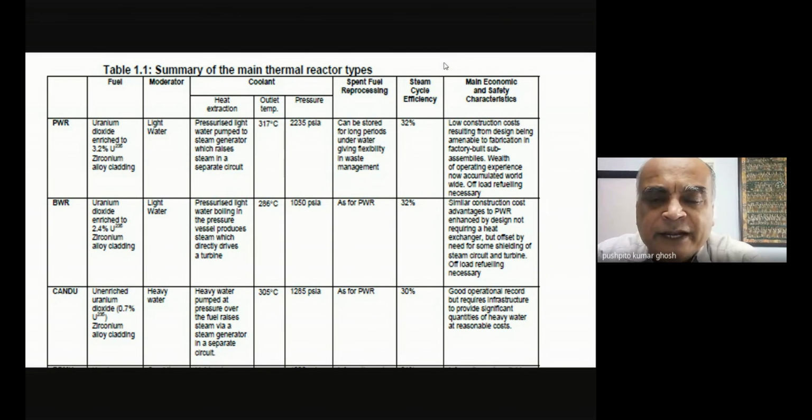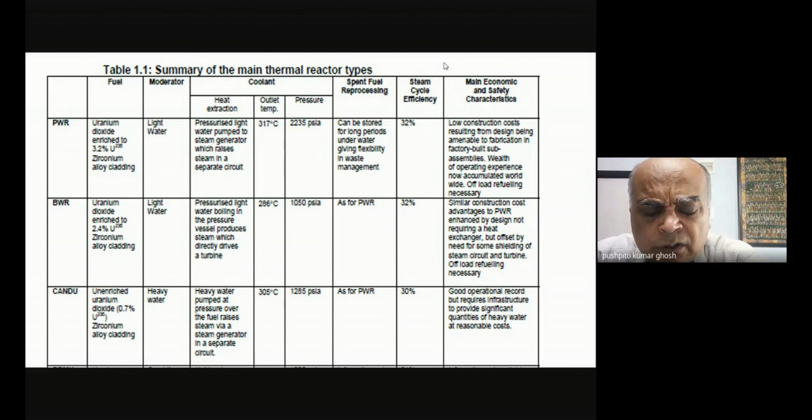But the fissile material, the material that fragments into two, is uranium-235. So when you say enrichment of uranium, you have to increase the percentage of uranium-235. Now, I am not even going into how that enrichment is done.